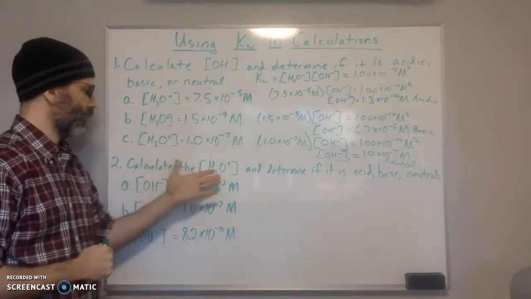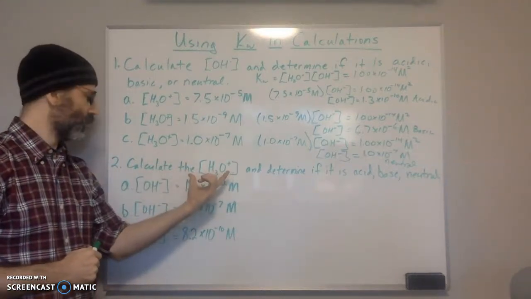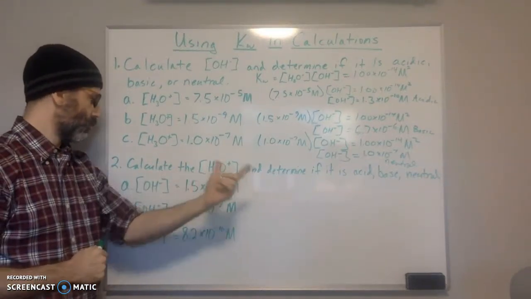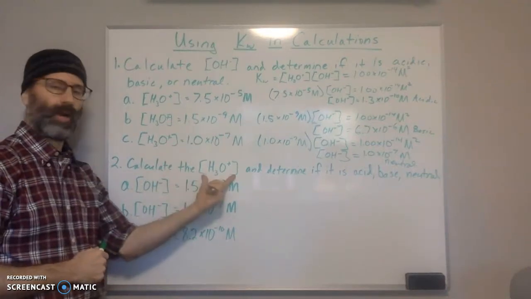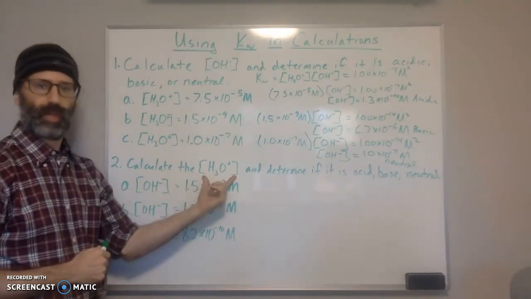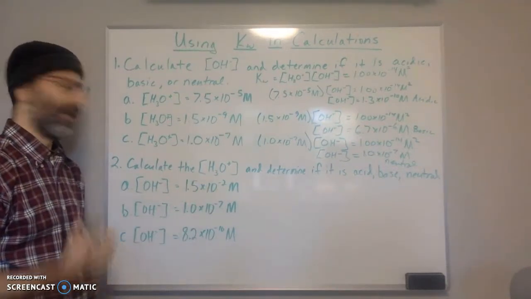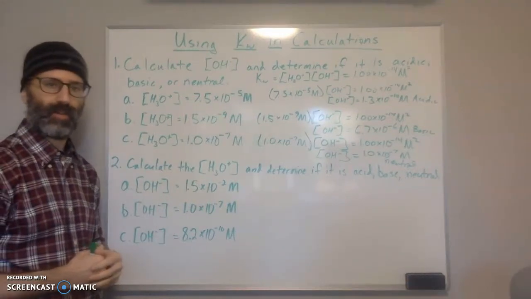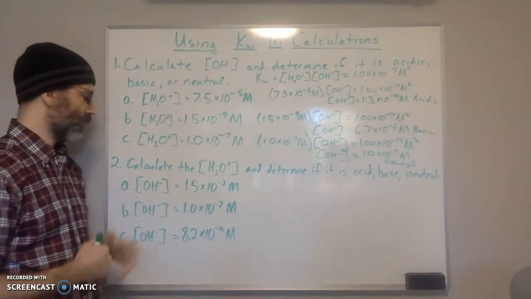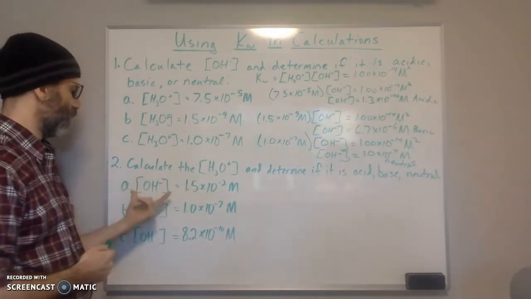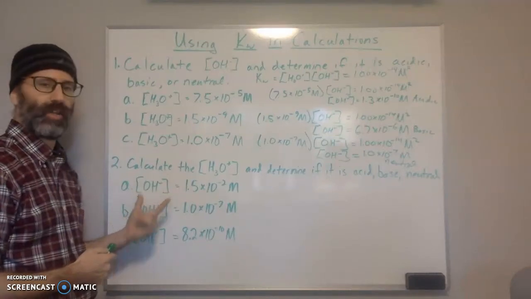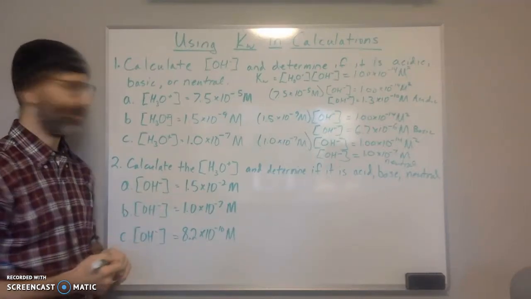What if we're given H3O+ concentrations, or if we're given OH- concentrations and we're asked for the H3O+ concentrations? And again, we're asked if it's basic, acidic, or neutral. Same thing, no different, except that now we're given the hydroxide ion concentrations.